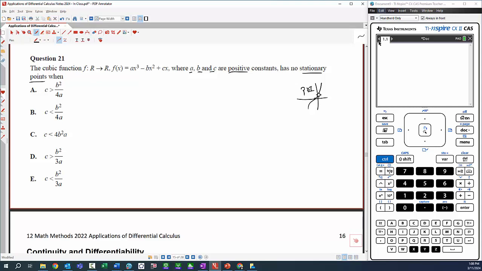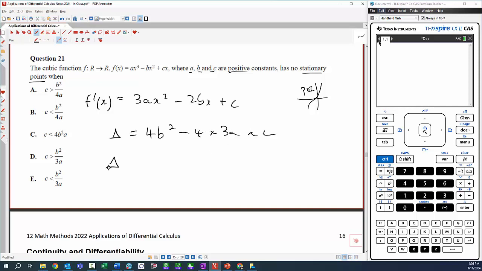Okay. So the way we'll do this one is we'll go f dash x equals 3ax squared take away 2bx plus c. Alright, now this is our gradient function, and what we want is the discriminant of this to be less than 0, so it has no solutions. Okay, so what we'll do is we'll go discriminant is b squared, which is going to be 4b squared, take away 4 times 3a times c.